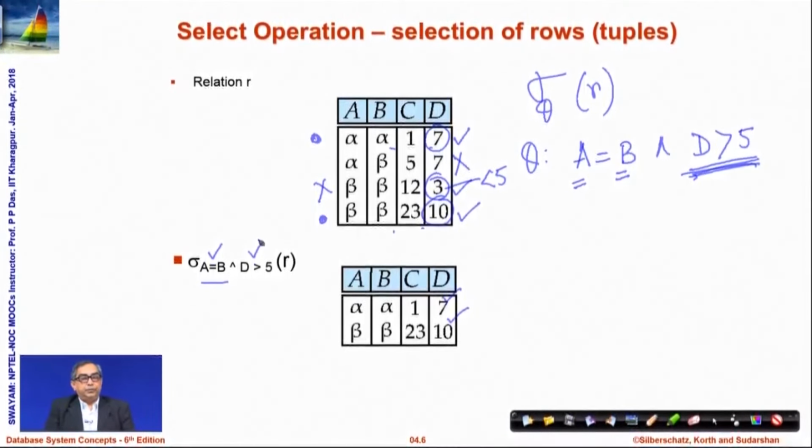So, selection is an operation which selects a subset of rows from a table, from a relation, and creates a new relation based on a selection condition that must be true for all the records that have been selected. But the set of columns does not change; it remains the same.